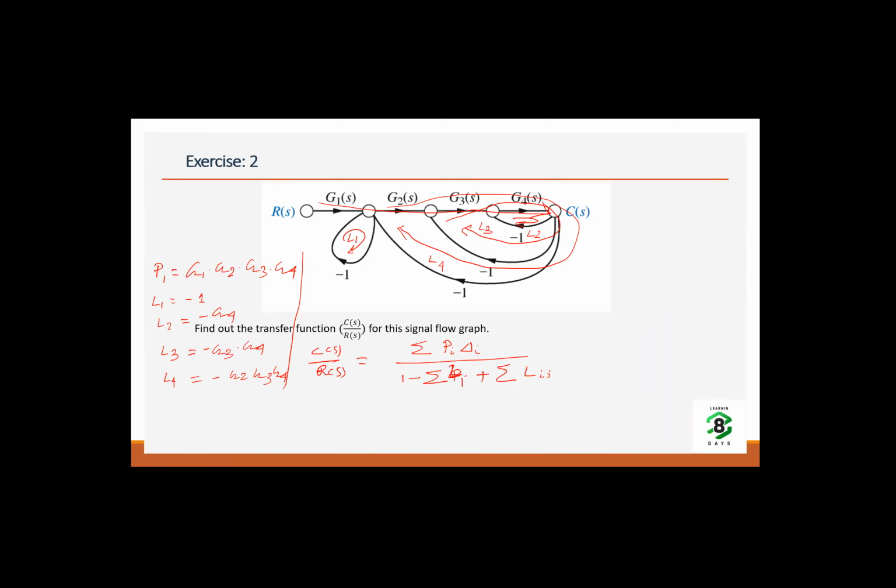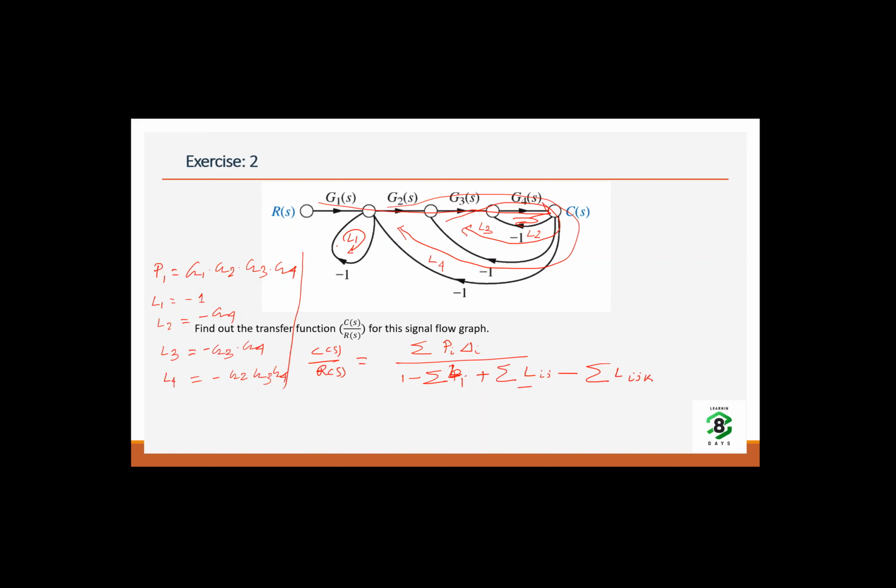There is another concept of how many loops do not touch each other, or do not share a node. If you have 3 non-touching loops, then you have to take all combinations of 3 non-touching loops. So this is all combinations of 2 non-touching loops, and this is all combinations of 3 non-touching loops.